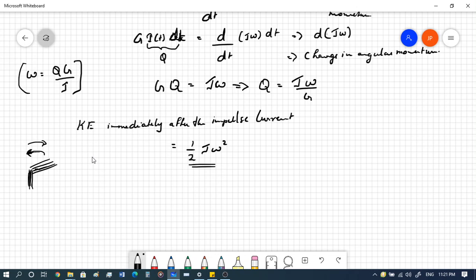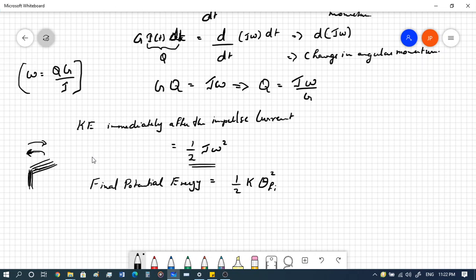The final potential energy can be written as half k into theta f square, where k is the spring constant and theta f is the final angle.